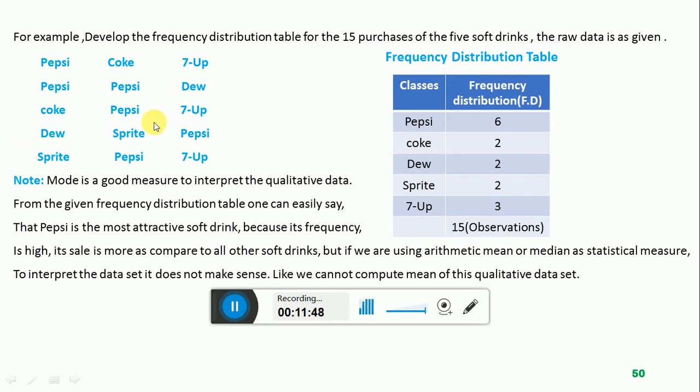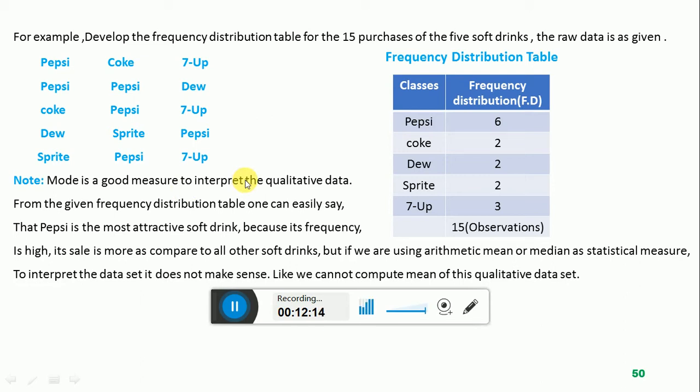Because if one computes the average value for this given data set, it doesn't make sense. We cannot calculate the average for this qualitative information, or if one uses the median to identify the middle position data item, again we cannot interpret. So mode is the only way to interpret this qualitative data.